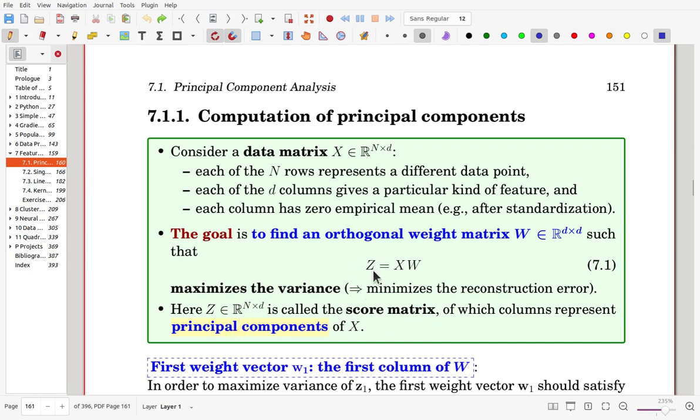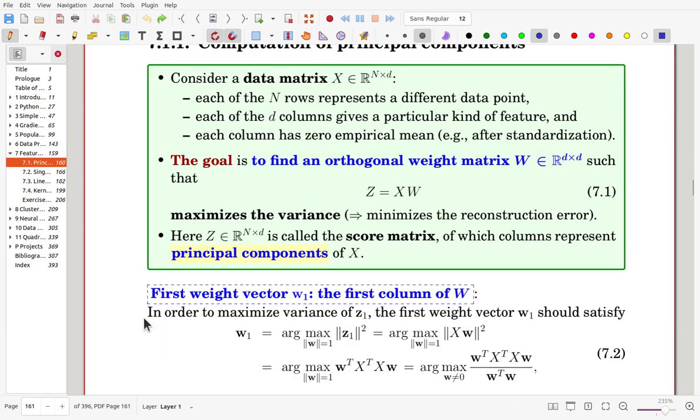Here, the transformed matrix Z is called the score matrix, and each column of Z represents a principal component of the data matrix X. Now here, we start with how to find the first column of W. So it's W1.